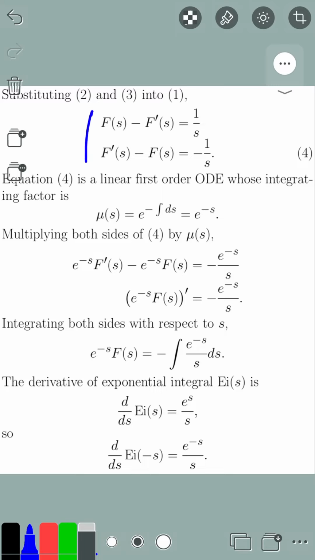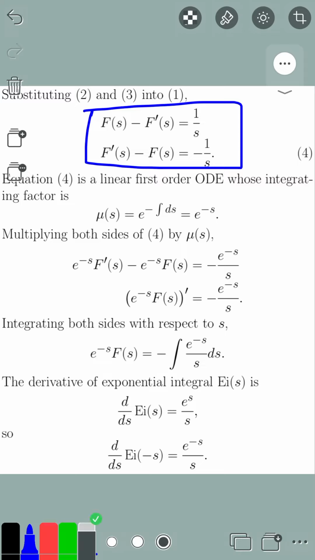We get this ordinary differential equation in terms of F(s), and we need to solve for F(s), which is the Laplace transform of 1 over 1 plus x, which is what we're finding. So we get F(s) minus F prime of s is equal to 1 over s. Then multiplying both sides by negative 1, we get F prime of s minus F(s) is equal to negative 1 over s.